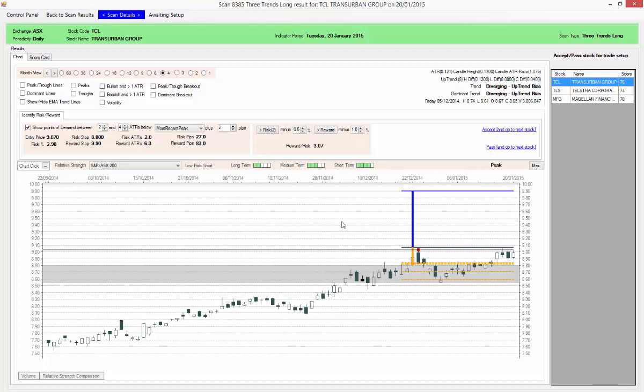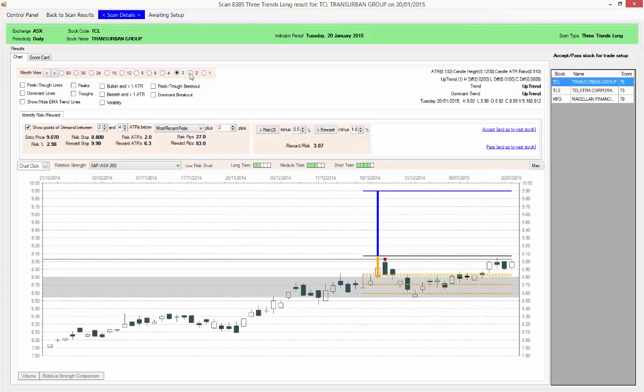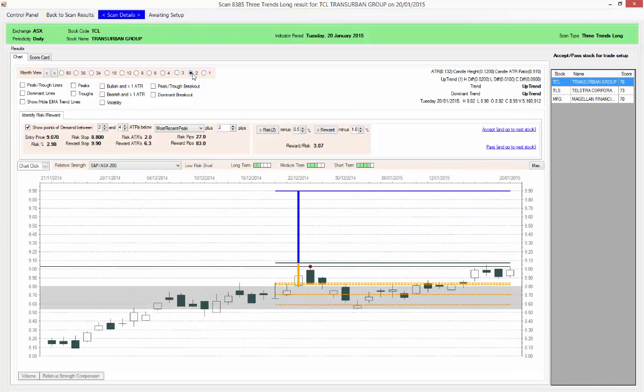So I'll just drill in a little bit now, and I'll go to a 2-month view. In this 2-month view, what I want to draw your attention to is, first of all, the blue vertical line, which is the reward, and it stopped itself at a price of $9.90.